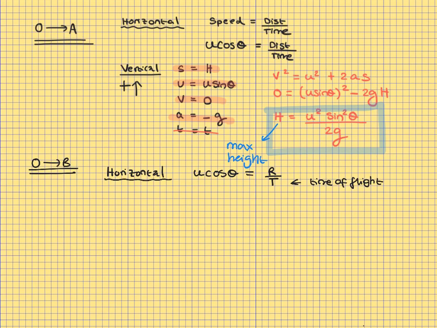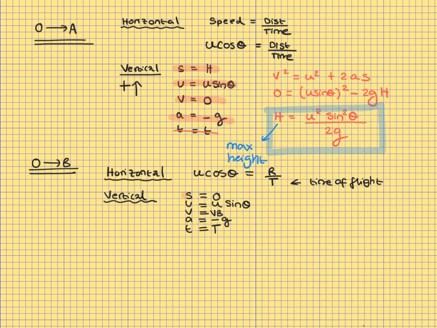Now, we need the vertical component of the motion in order to be able to deduce anything further. So let's fill in some SUVAT information. s, the displacement, is 0 when we're at point B. u is equal to u sine theta. v we don't know. a is negative g, and t is t, the time of flight.